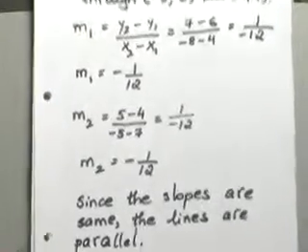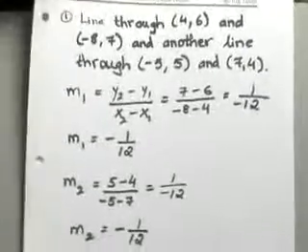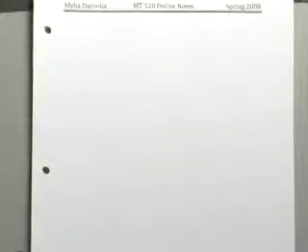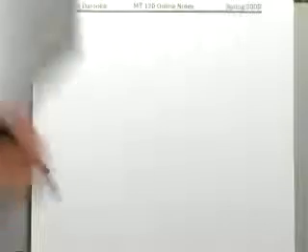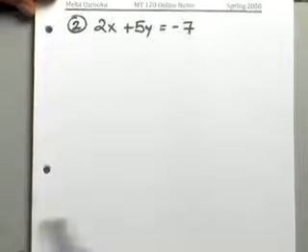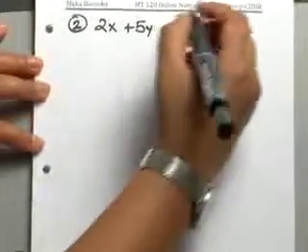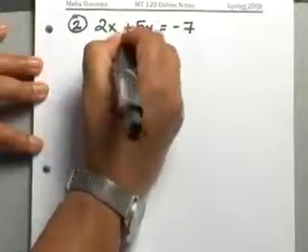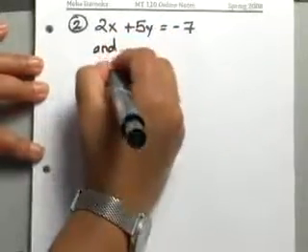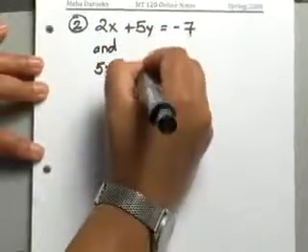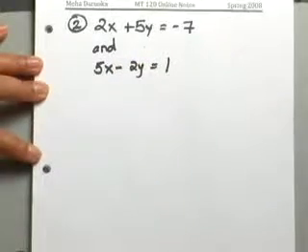Now, let's look at another example here. We have the line 2x plus 5y equals negative 7, and we have another line 5x minus 2y equals 1.